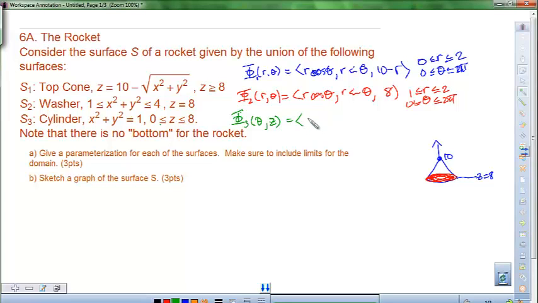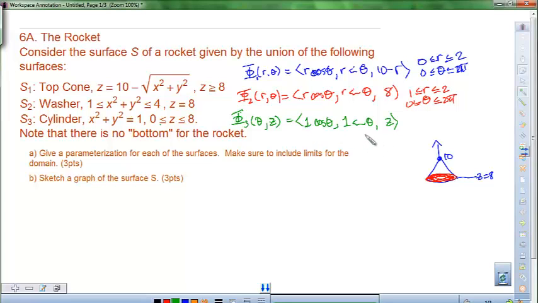So we have a fixed radius of 1. We don't need to put that 1 there, but I'll just put it there anyway. So it's 1 cosine theta, 1 sine theta, and then our z is going to be our second parameter.